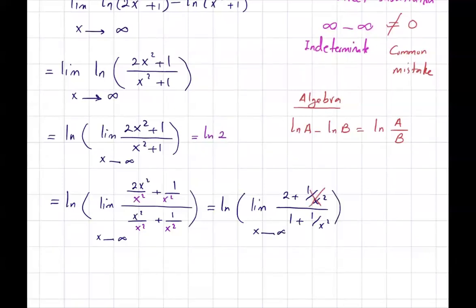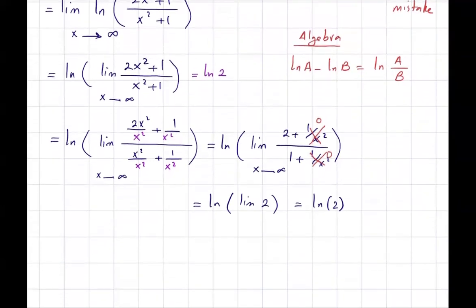But 1 over infinity is 0. So you end up with the ln of the limit of a constant function, which is the constant itself. So we end up with ln of 2. So what's the meaning of that?